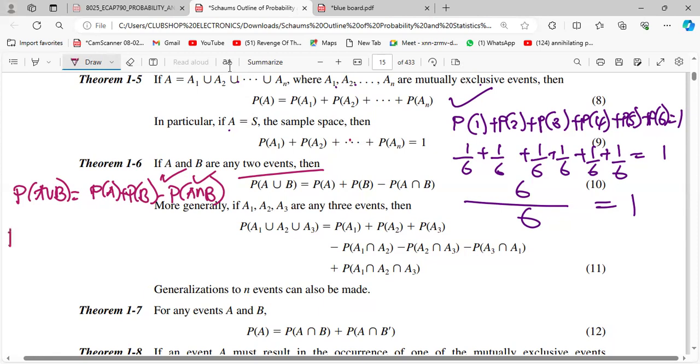If they are mutually exclusive, we are saying probability of A union B is equal to probability of A plus probability of B, because there's nothing in common. These are disjoint sets. But for any events where you find the union, you must add and subtract.